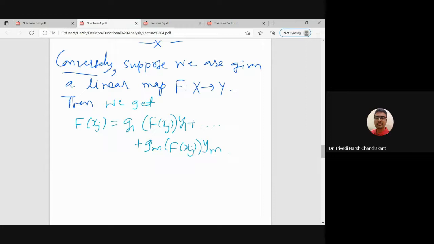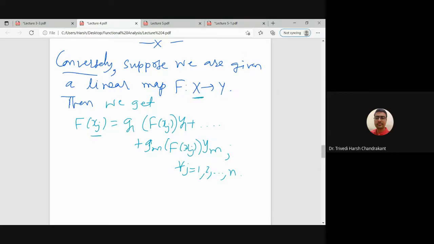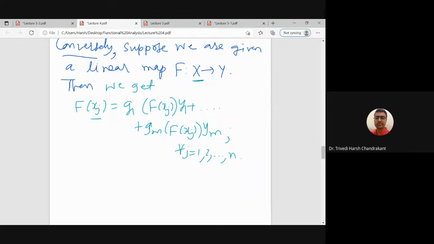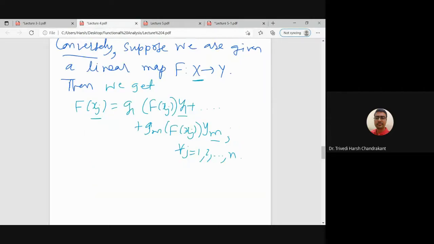This is true for every j belonging to 1, 2, up to n, because xj is a basis element of the vector space x. So for each basis element we can find the corresponding coordinates, in terms of the basis elements of the codomain.